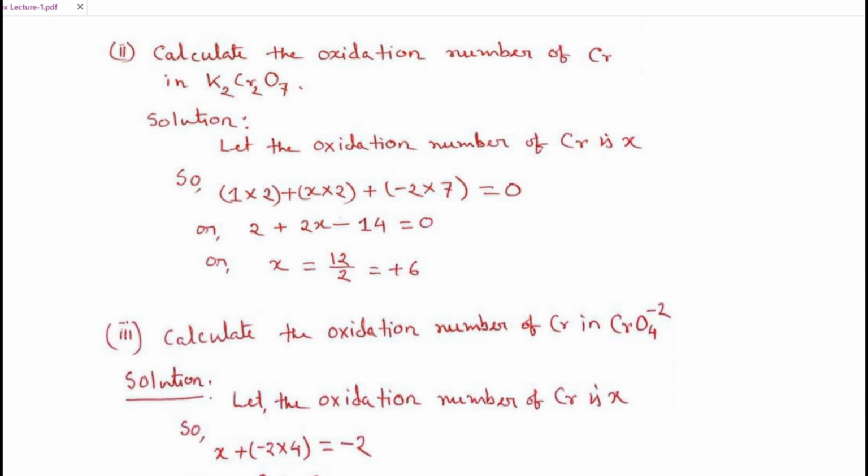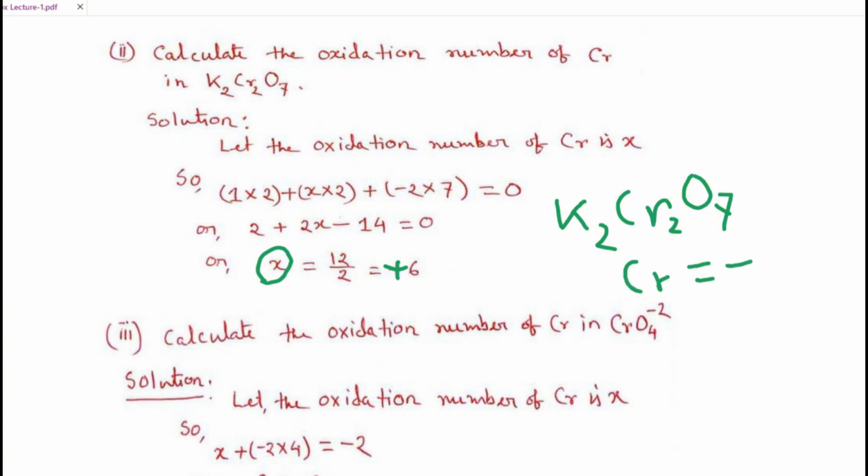If you calculate, you get x equals plus 6. That means in K2Cr2O7, potassium dichromate, the chromium oxidation number is +6.